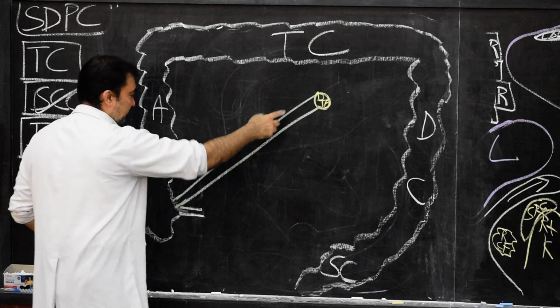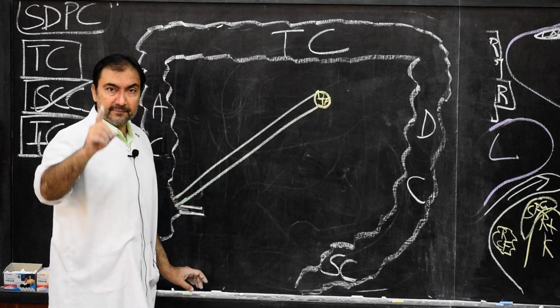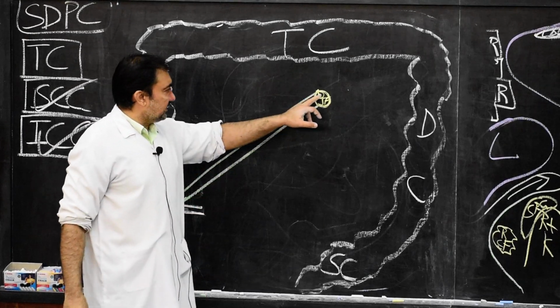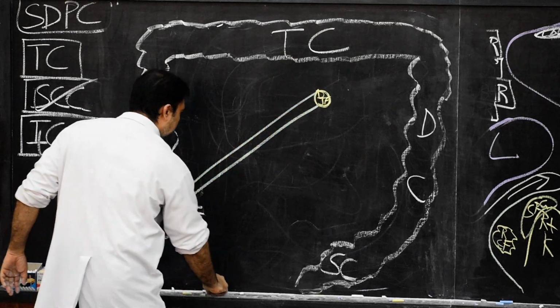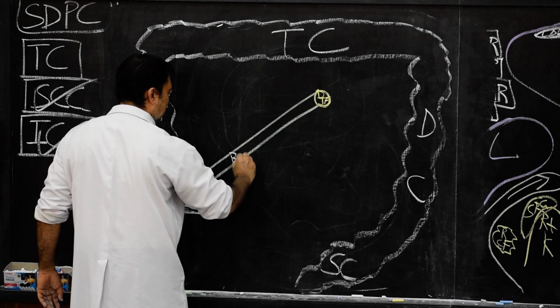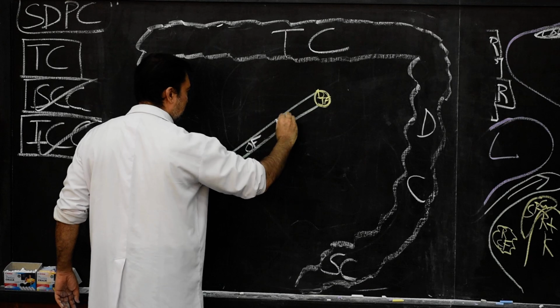This is where the root of the mesentery is attached. Once again, the root of mesentery is attached from the left side duodenojejunal flexure to the right side ileocecal junction, and here we will mention this as the root of mesentery.